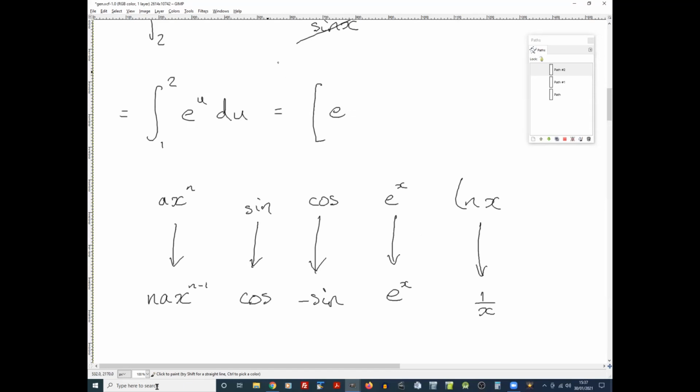Are you down here again? E to the u. So are we substituting 2 with u? Bear in mind, I didn't put an x here. Could have been theta, could have been u, could have been x, could be anything. So is it just still e to the u?